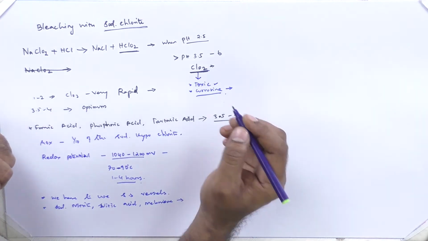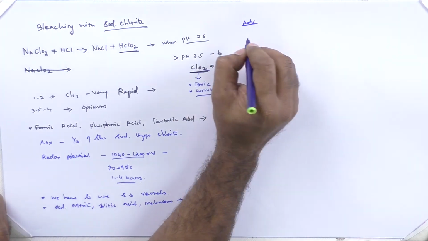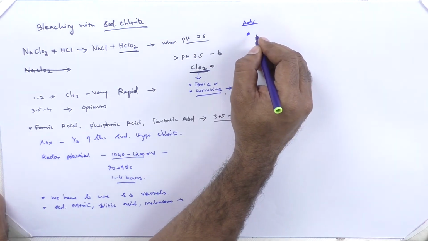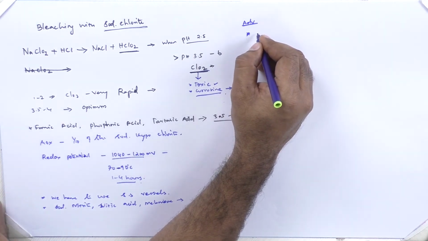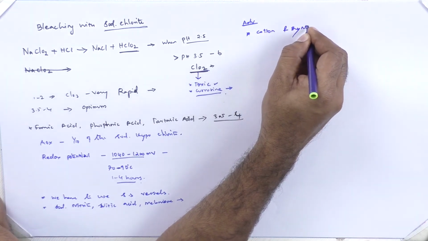The advantage of this process is you can use this bleaching agent for cotton and synthetic.